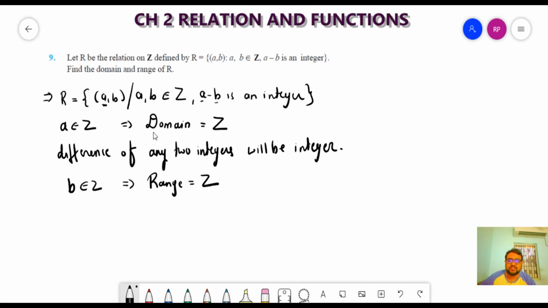So that's the reason the domain is also Z and the range is also Z. Clear? So here we completed exercise 2.2. Okay, now let's take some extra questions.